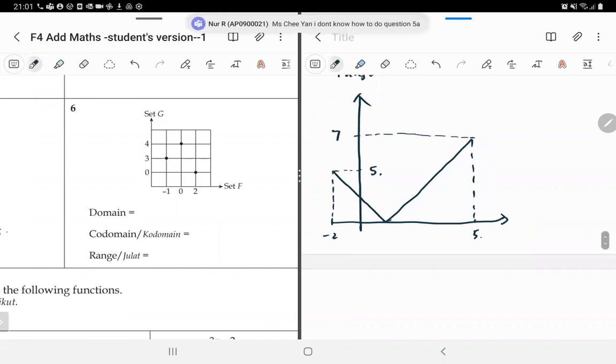In your opinion, what will be the domain? Let's say this is y, this is x. What will be the domain? Try to guess.